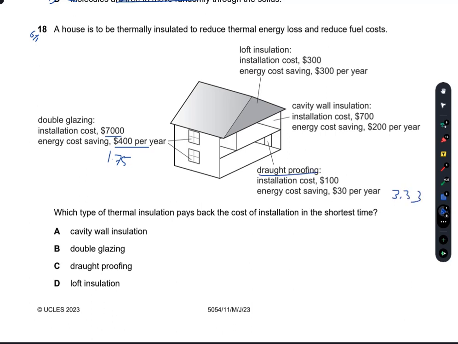For cavity wall insulation, it will take 700 divided by 200, approximately 3.5 years here. And I know that loft insulation is the best because the installation cost is 300 and this 300 is returned in 1 year. So loft insulation is the best. D is the right option.